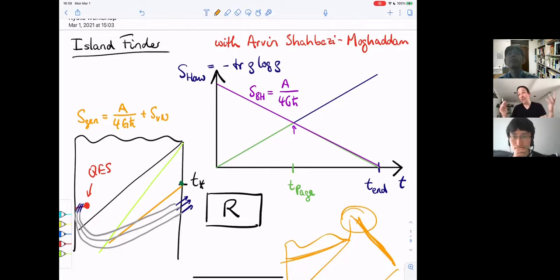But that region is not normal or anti-normal. By wiggling it up and down, I've made it out of lots of trapped and anti-trapped pieces, and so it doesn't qualify. So what you want to do is look for these bags of purification, but you need a little bit more, and then you know that there's going to be an island. And I think this little bit more is this normal or anti-normal.